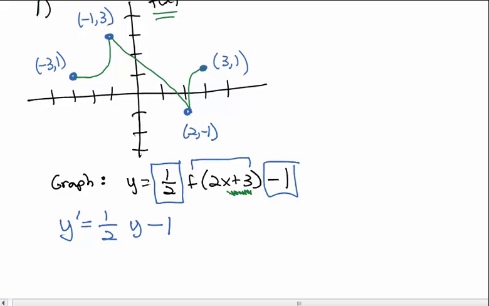The inside stuff is going to affect the x-coordinate. And remember, this one we're going to have to solve. x equals 2x prime plus 3. So when we solve, we subtract 3 from both sides and divide by 2 to get the new x prime, the new x-coordinate.